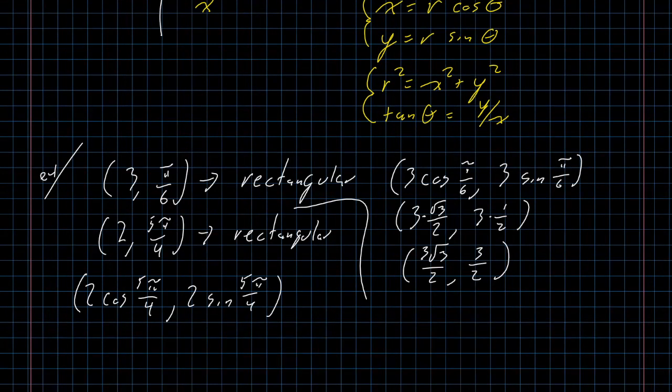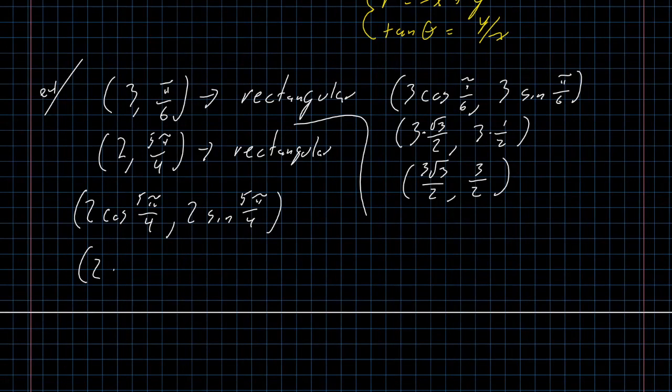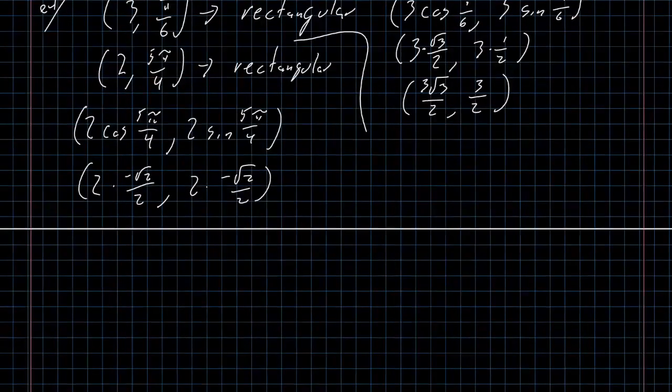Sine of 5 pi over 4 is also negative root 2 over 2. And so we get that that point is negative root 2, negative root 2.